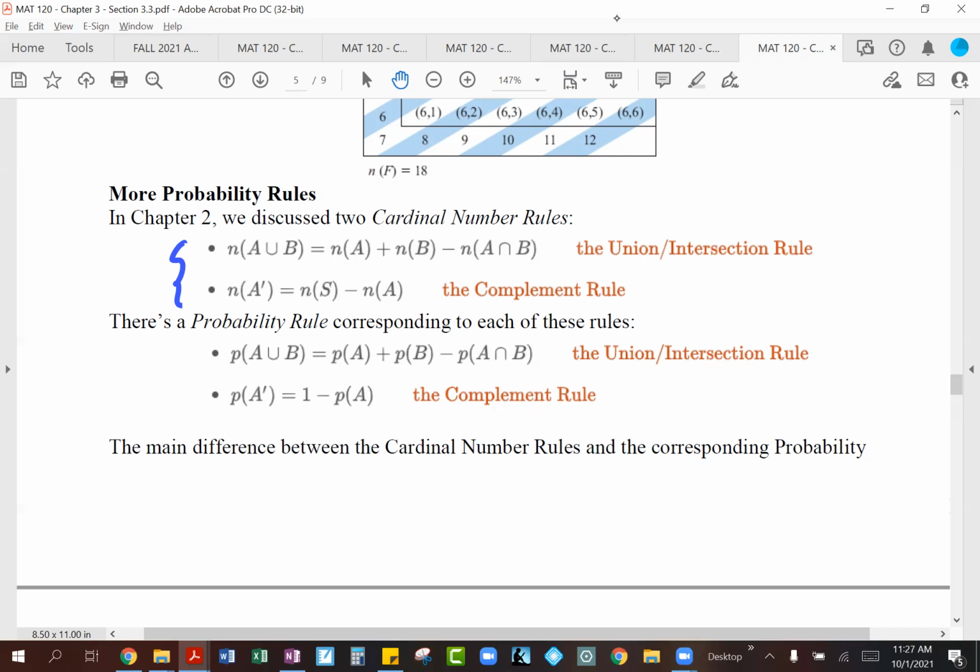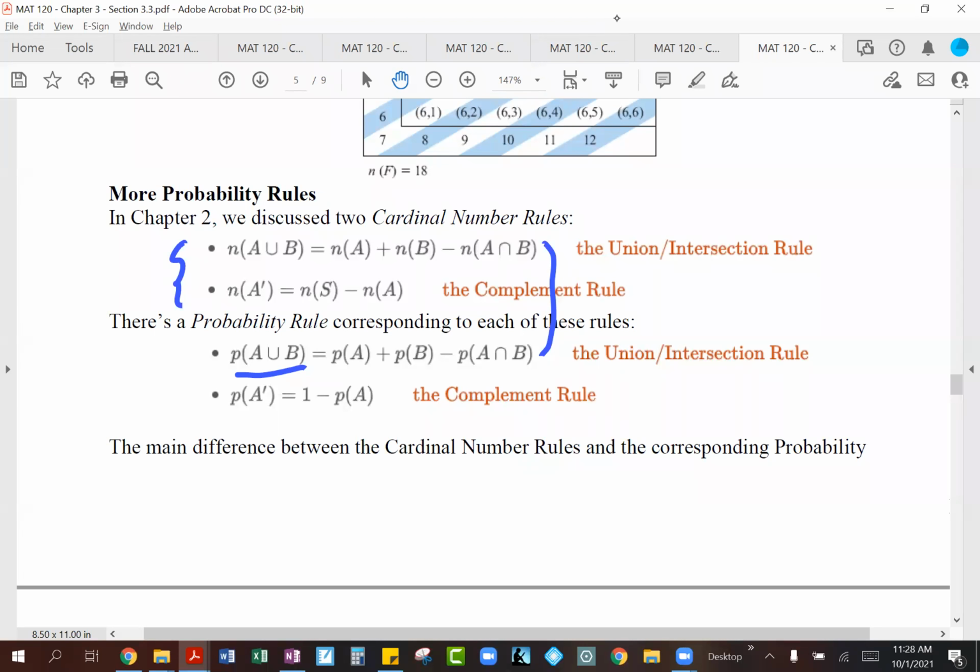That's the same rule which is translating over here as a rule for your probability. So instead of a cardinal number, now we're using the same principle to calculate your probability rule. So for A union B, you take the probability of A plus the probability of B, and then subtract the probability of A and B happening together, which gives you the probability for A or B.